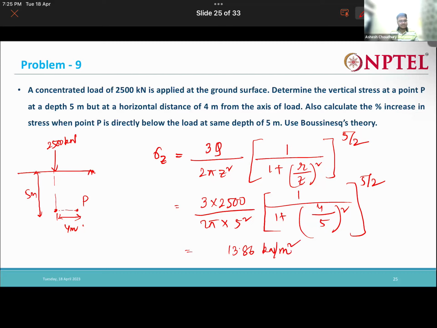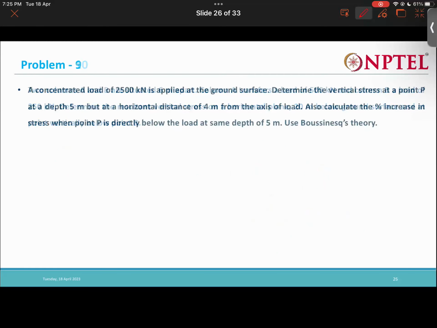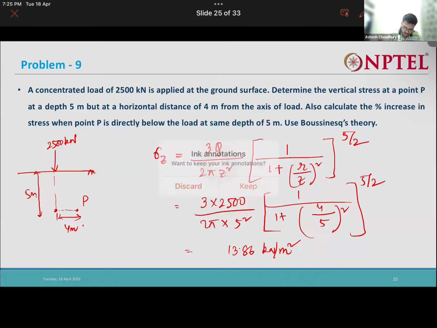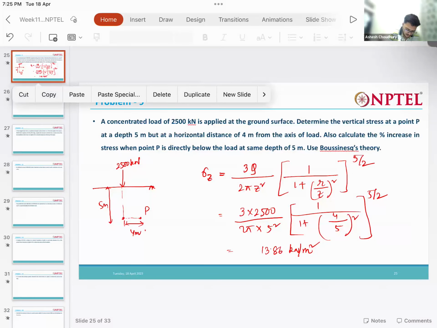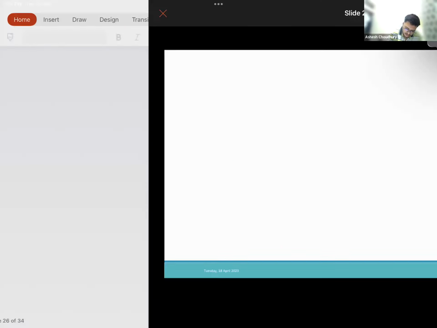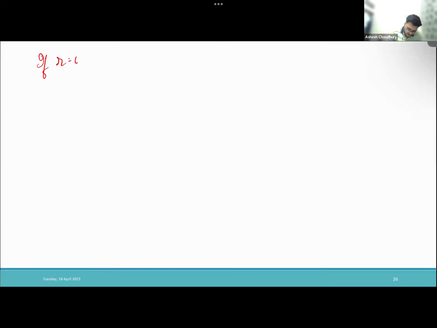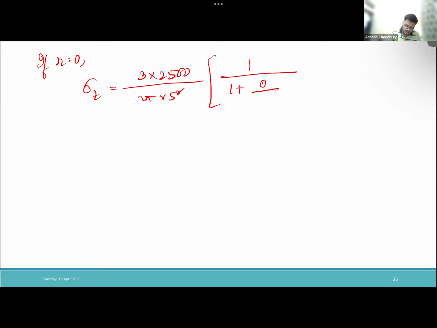Now when r is equal to 0, the point P is shifted here, meaning the 4 meter becomes 0. Let us see how much it's coming. For r equal to 0, sigma z will be 3 into 2500 by 2 pi into 5 square into 1 by (1 plus (0 by 5) square) to the power 5 by 2.